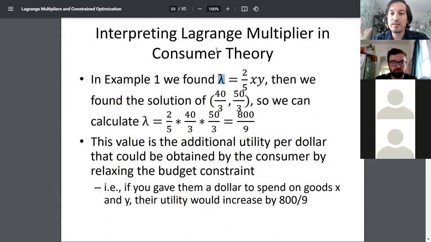You have two variables that are choice variables, and you have a third variable, which is called a Lagrange multiplier, but it's still like a variable, and it has a value at the solution, right? At the optimal x star, y star, there's like a lambda star, and it happens to be 800 over 9, which is almost 100. Whatever 8/9 is, 90, something like that.